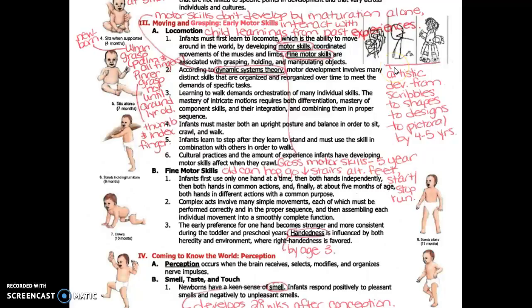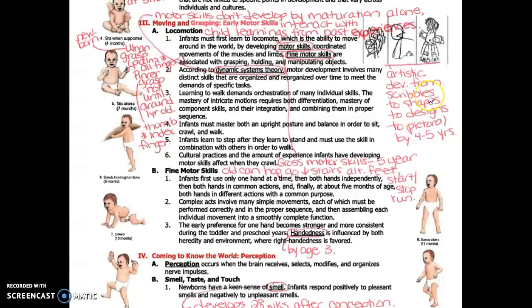All right, so artistic development is going to go from these scribbles to then being able to see some shapes, to some designs, and then finally around 4 to 5 years old, it's going to look more like pictures, okay, pictorial, and you'll be able to make out what the pictures are. Really before that, sometimes it can be very frustrating because little ones will bring up a picture and they're like, oh, do you know what this is?